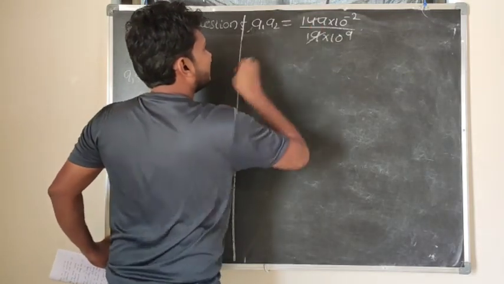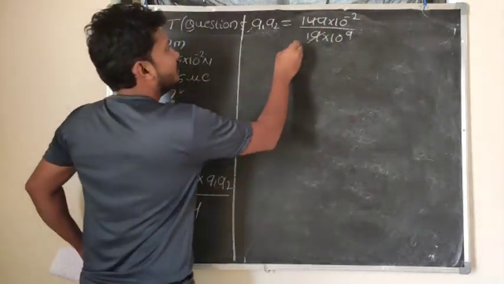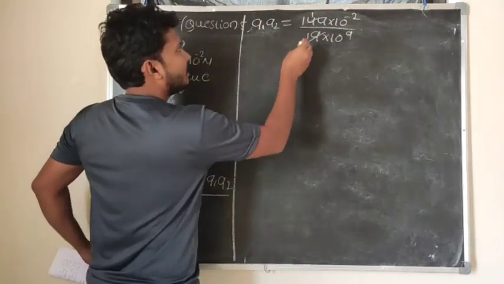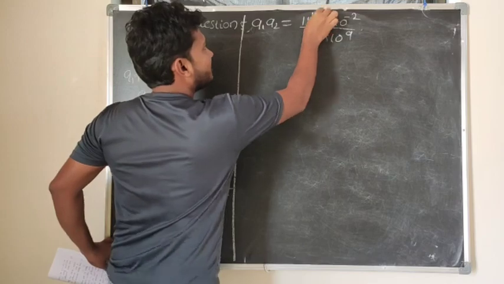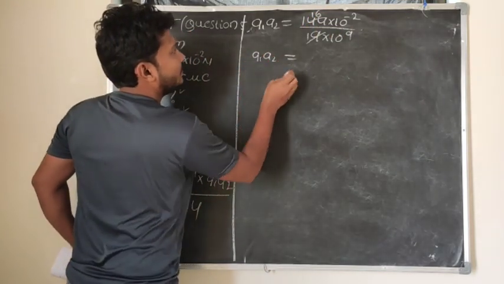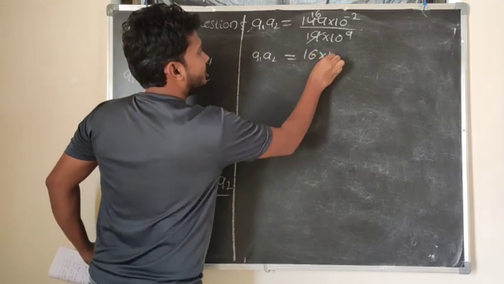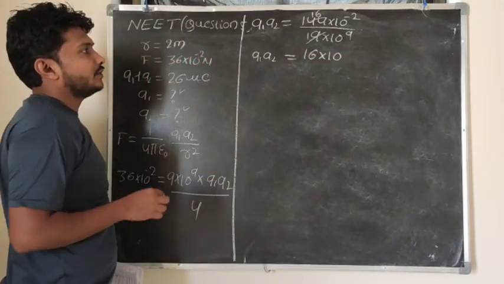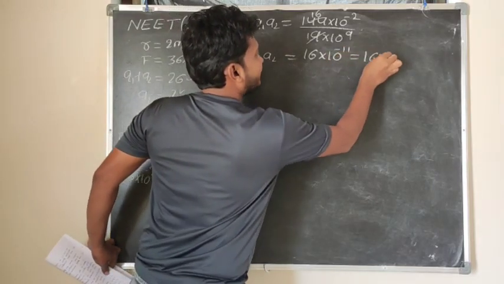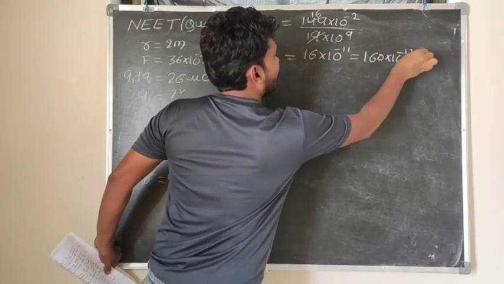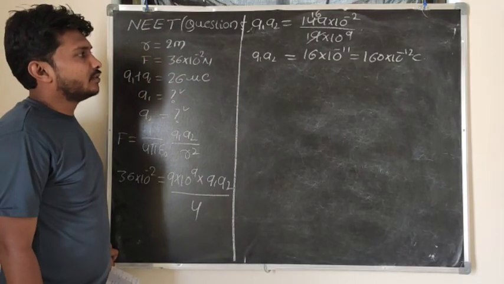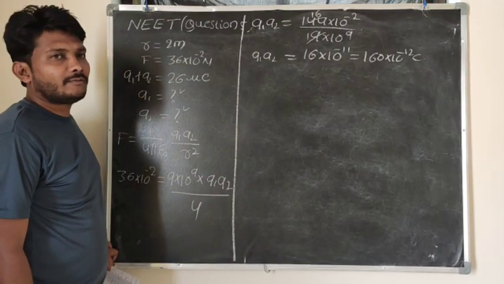I will make the division here. So Q1 into Q2 is equal to 16 into 10 to the power of minus 11, or 160 into 10 to the power of minus 12 coulomb squared.